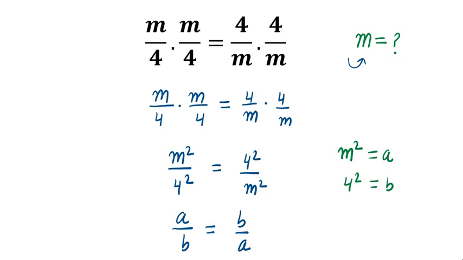Now here we will apply cross multiplication. Then on the left hand side a times a is equal to b times b. A times a is a square, is equal to b times b, which is b square.